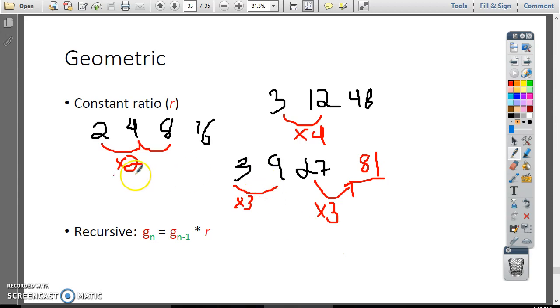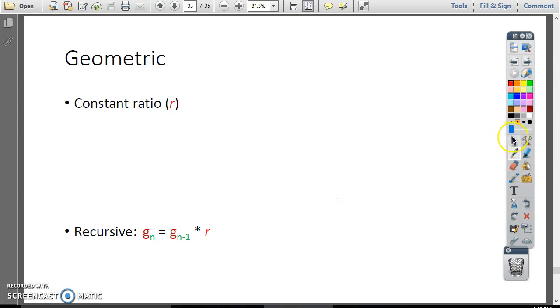Okay. That's using the recursive formula. Now, it's definitely going to be harder to use the explicit, but the explicit can be used. This one, you take your common ratio, raise it to the term power that you want, and multiply that by your initial value. So let's try an easier one here.